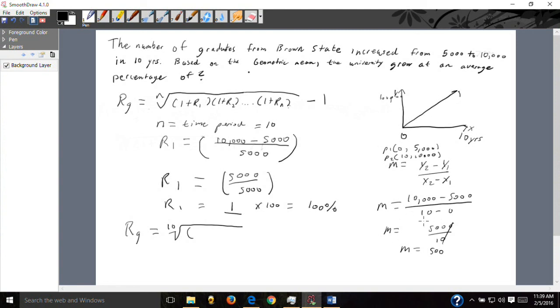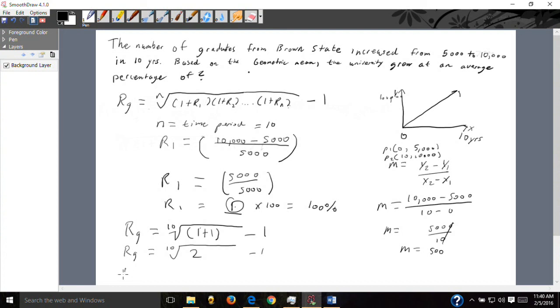So I'm going to take this value right here, 1 plus 1, this is where this is coming from, and take it to the 10th root. Well, I need to simplify. So R sub g is equal to the 10th root of 2. Oh, don't forget the minus 1.